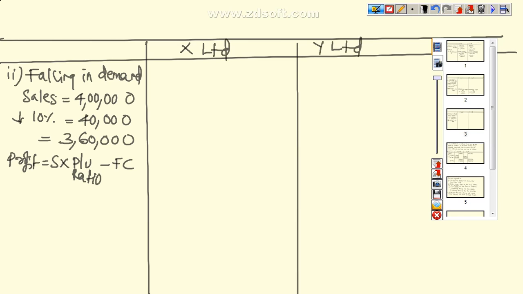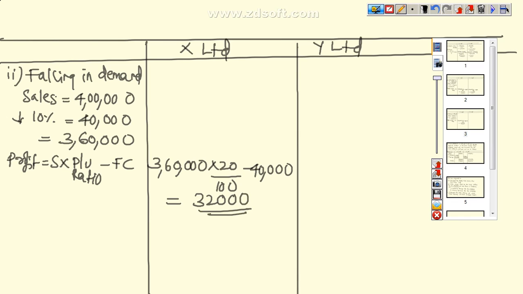So sale is 3,60,000 multiplied by PV ratio 20 upon 100 minus fixed cost 40,000, that is equal to 32,000.